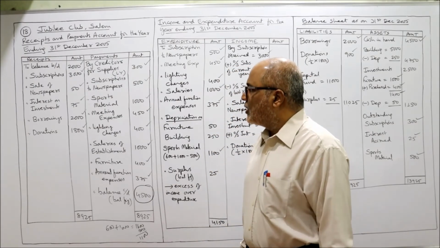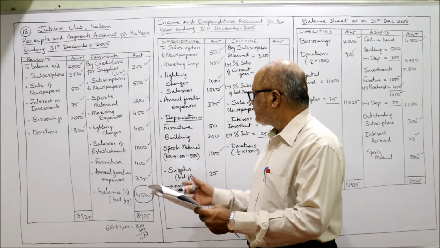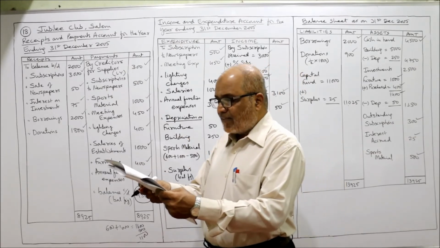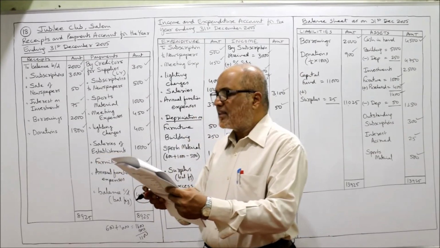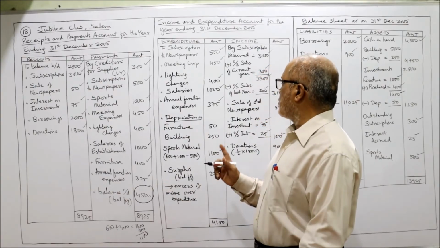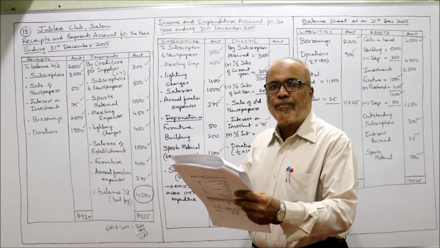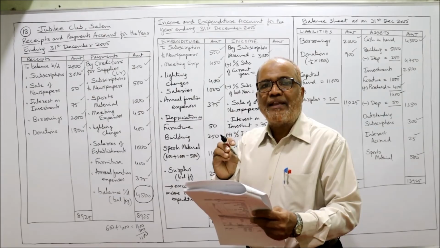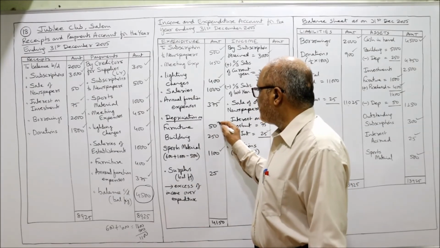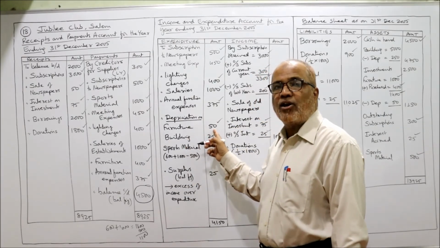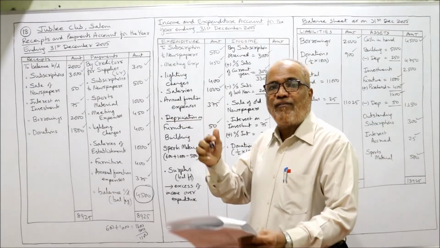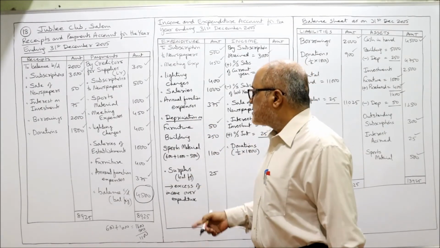5% depreciation. So what is the value of furniture here? Furniture value at the beginning of the year is 1000 rupees. So 5% of 1000, 50 rupees. That is depreciation at the rate of 5% on the value of furniture at the beginning of the year. Similarly, building.